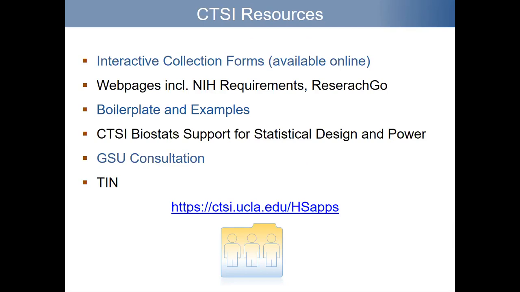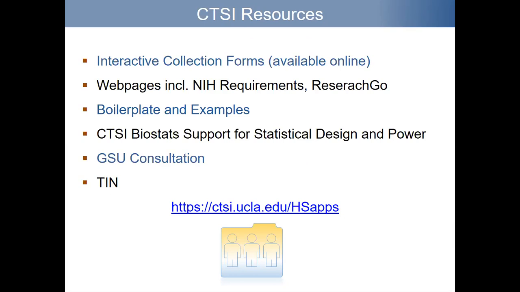CTSI also offers biostatistical support for helping with the statistical design and power section. My office, the Grant Submission Unit, also offers free consultations, and we can help walk you through determining whether your study is a clinical trial or not, and also help you review the specific requirements that you're going to be putting together for the application.